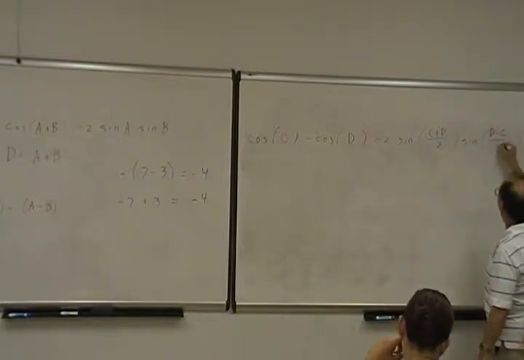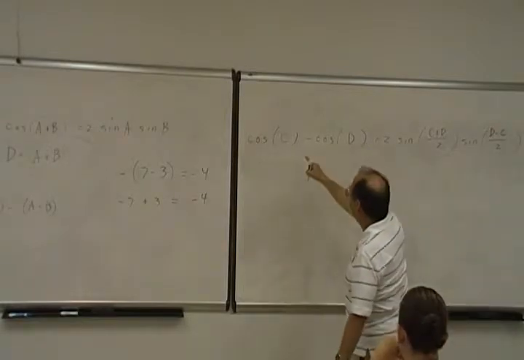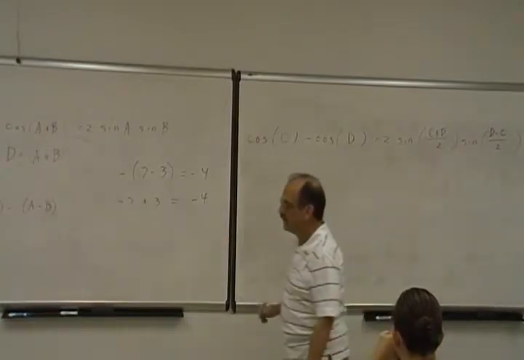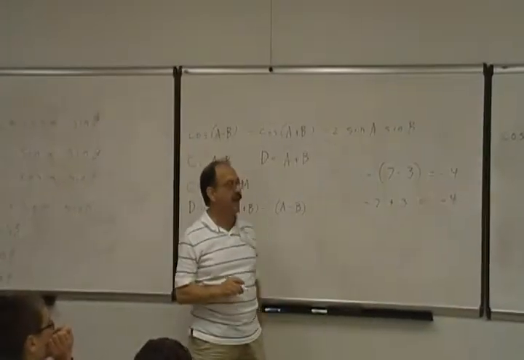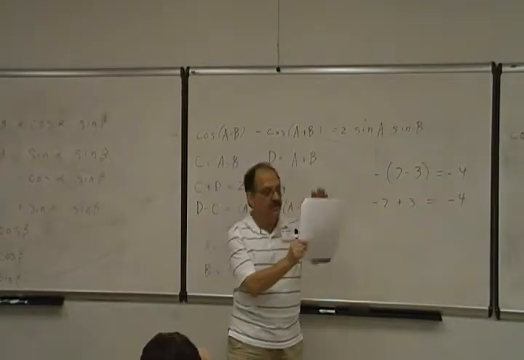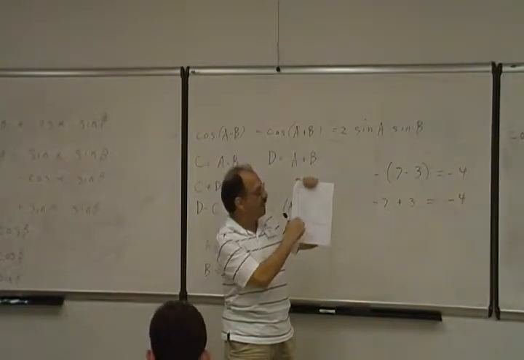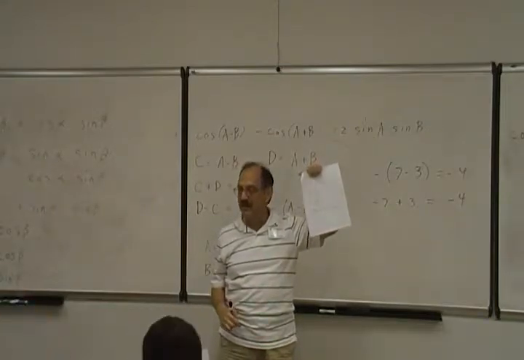D minus C over 2. And this is the sum to product formula. This is the product to sums. That is sums to products. And if you look on your sheet here, you see product to sum and sum to product. But the letters of the alphabet have been switched back again.